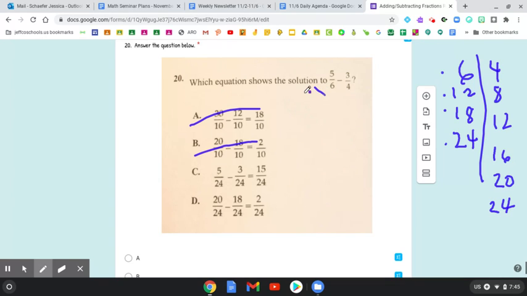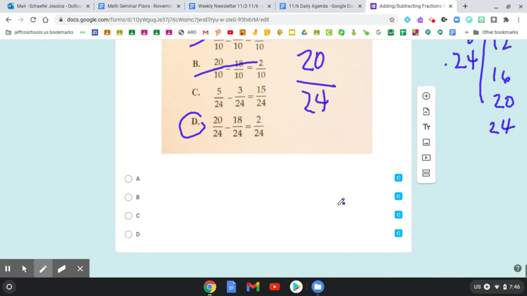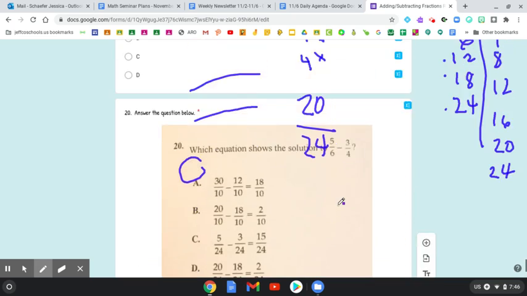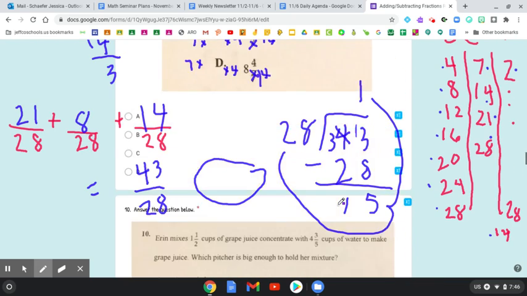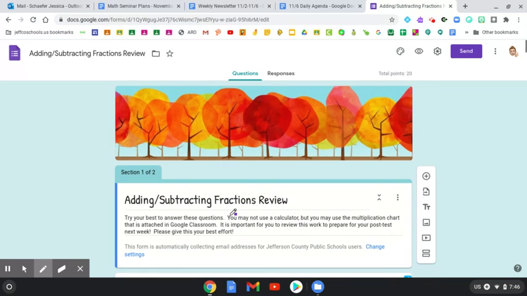So this side is times 4. 5 times 4 is 20. So I've got 20/24ths. And just by elimination, I know that it has to be D because the other one that I was looking at didn't have 20/24ths in it. Okay, hopefully this was helpful to help you go through and review some problems before your test.